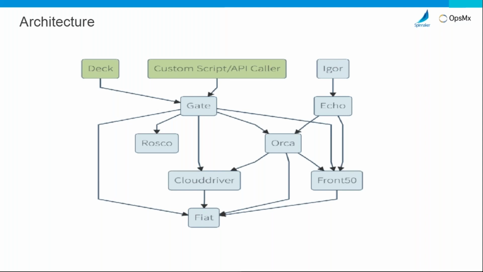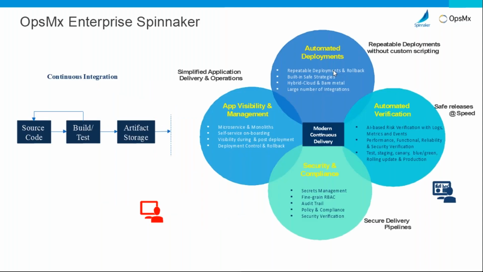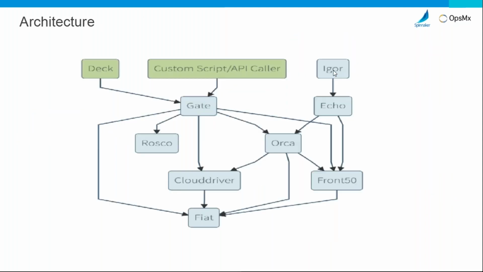And Igor is used to trigger pipelines using your continuous integration jobs. So this is where your Jenkins or Travis or Circle CI comes into the picture.